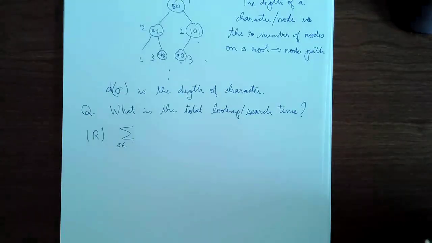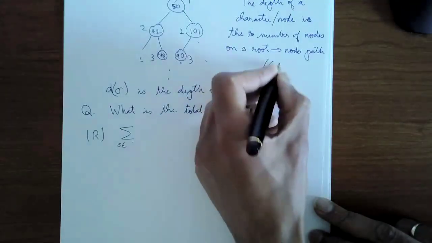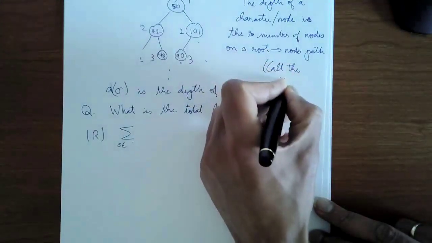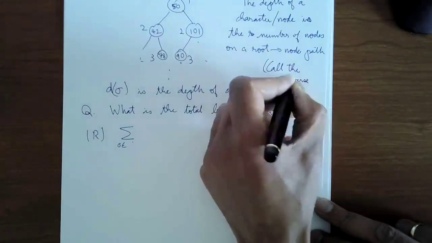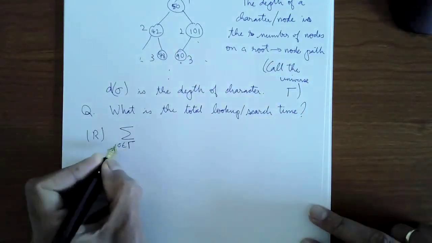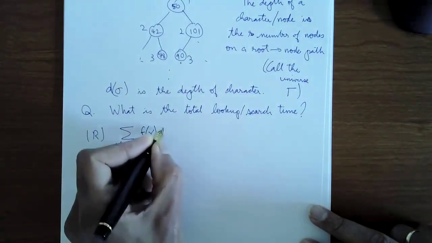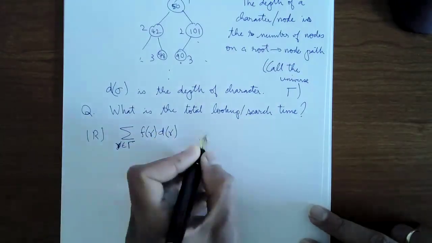My apologies. I'm just going to call the universe gamma. Is it going to be f of gamma, d of gamma?